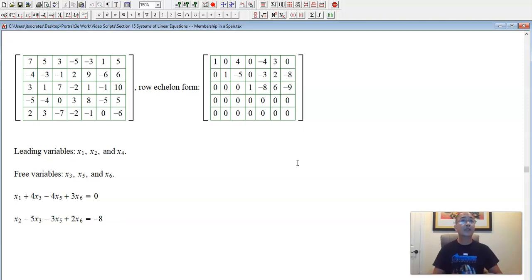And our final equation is x4 minus 8x5 plus 6x6 has to be equal to -9. So let's double check. That's x1, 4x3 minus 4x5, 3x6 equals 0. x2 minus 5x3, 0, minus 3x5 plus 2x6 is -8. And x4 minus 8x5 plus 6x6 equals -9.